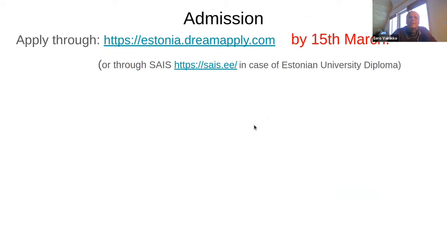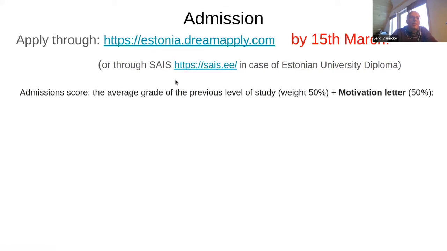Now about admission, the most important thing is that the deadline is the 15th of March. You apply through dreamapply.com, and the admission score comes 50% from the average grade of the previous level of study, like the bachelor's studies, and 50% from the motivation letter.